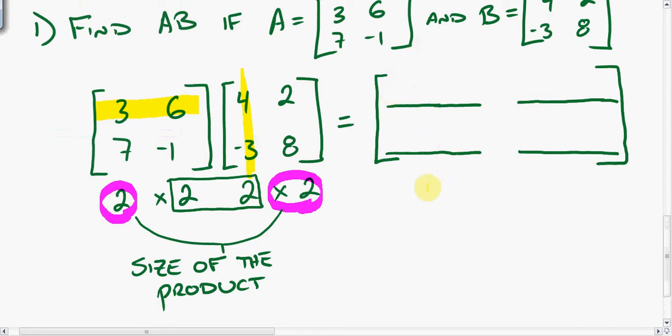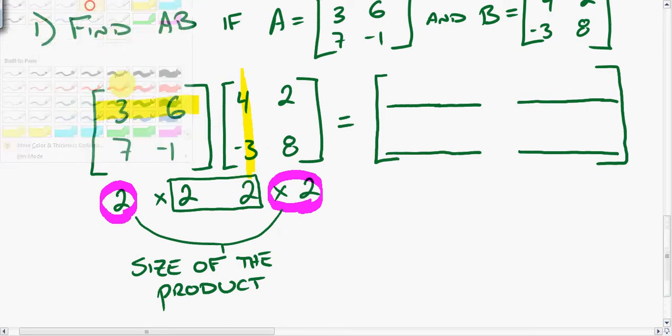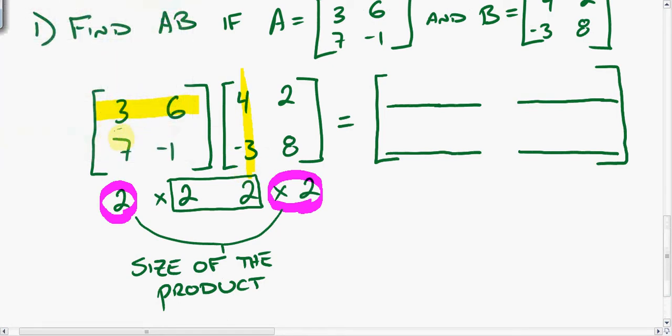So I'm going to multiply 3 by 4, and add the product of 6 and negative 3. So it's 3 times 4 plus 6 times negative 3.